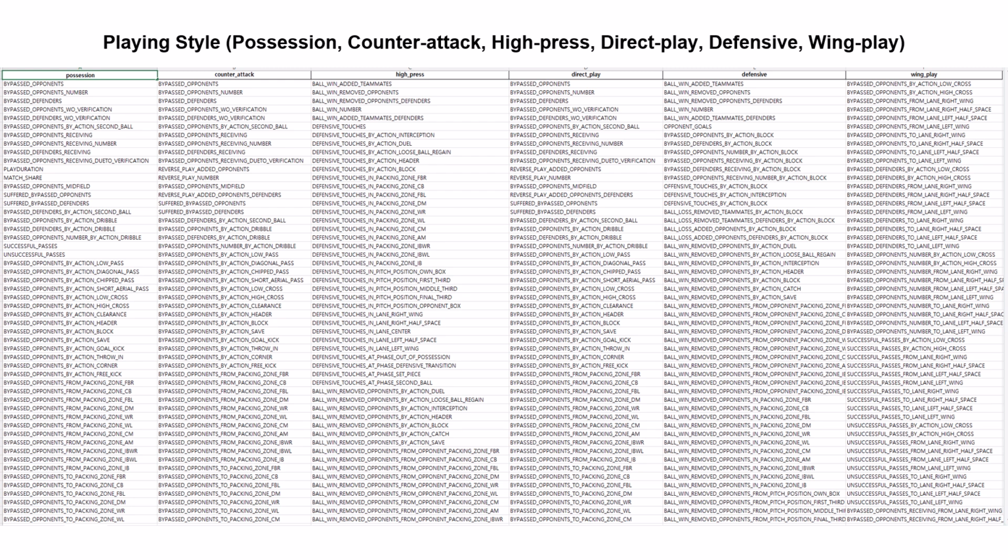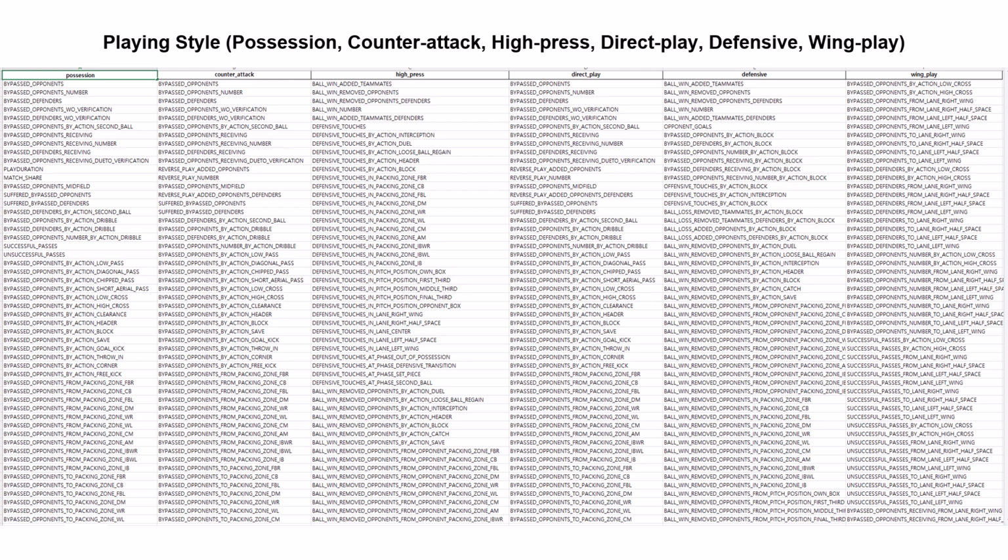You can see the small tiny letters below the possession, counterattack, high press, direct play, defensive, wing play. These are all variables from the dataset. So things like bypassed opponents, types of passes, ball recoveries, defensive touches, depending on the tactical context.